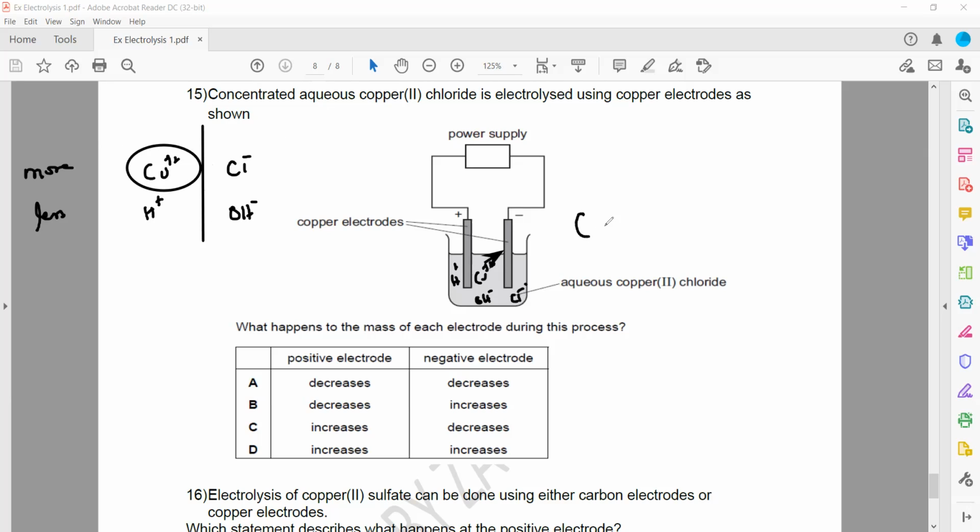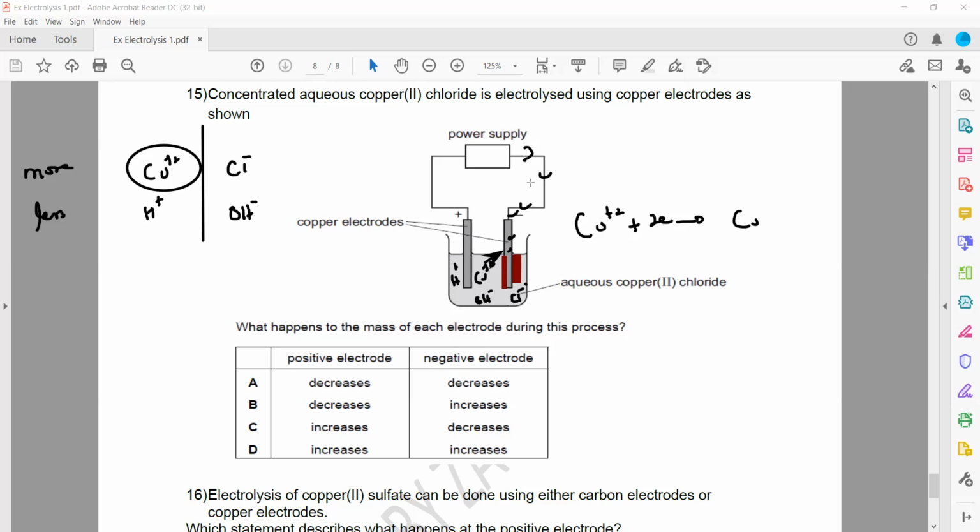So when copper ions are there, they will gain electrons from the cathode and turn into a copper atom. Copper metal is a solid, so that solid will stick to the electrode.